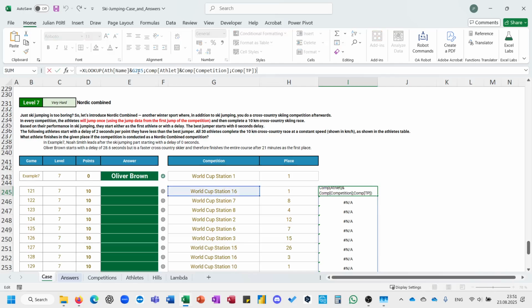Name and athlete and comp, and no, not competition station, sorry, my bad.